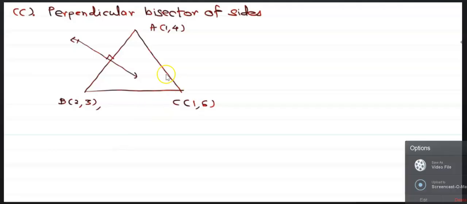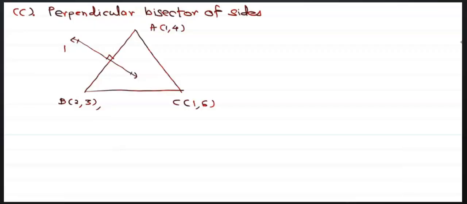To find the equation of the perpendicular bisector of a side, say AB, the line is perpendicular to AB and also bisects it. Therefore, we'll find out the midpoint, find out the slope of AB, and the slope of the required line is the negative reciprocal. Now see this here.